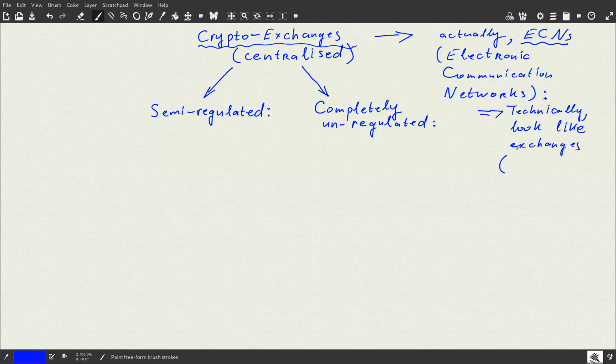What does it mean? It means that they operate order books for orders, they operate matching engines and so on.